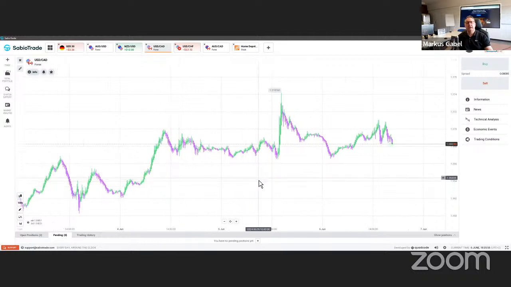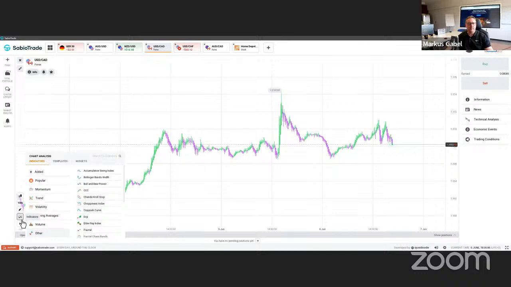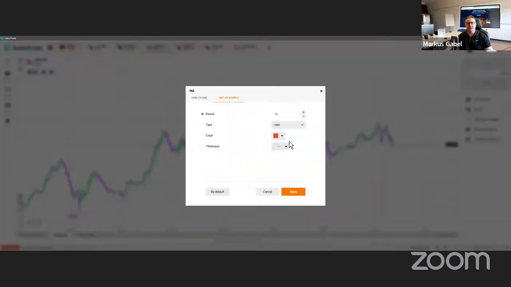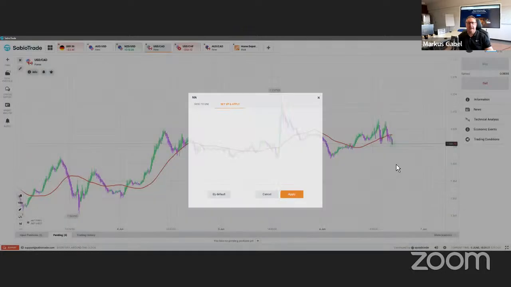And we additionally use moving averages, two of them. So we go to indicators and choose moving average. We use a normal moving average and say, okay, let's use 50, give it a little bit more thickness, and apply.